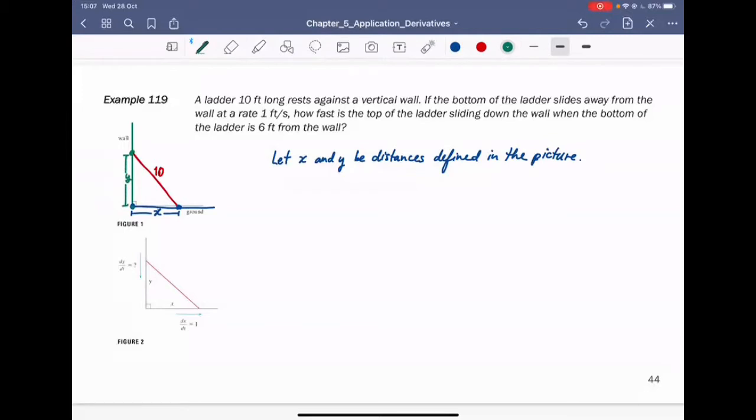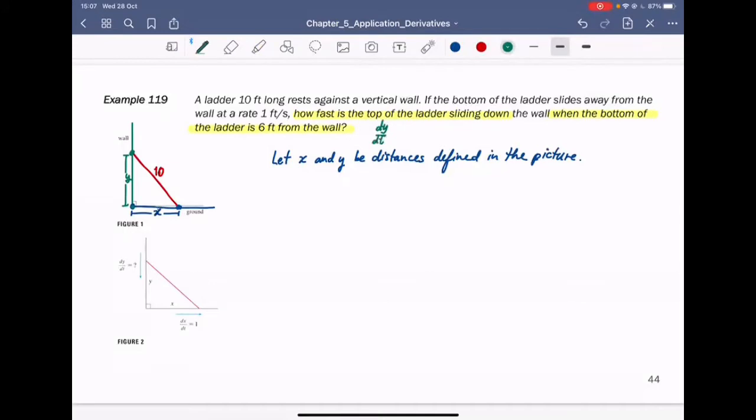If you look at the question, it asks how fast the top of the ladder is sliding down when the bottom of the ladder is 6 feet away from the wall. So actually they ask you for dy by dt.